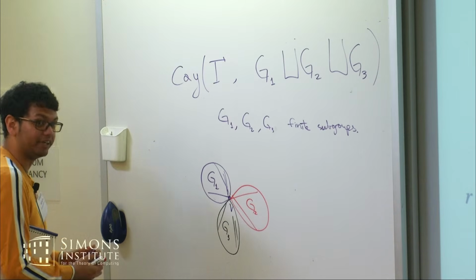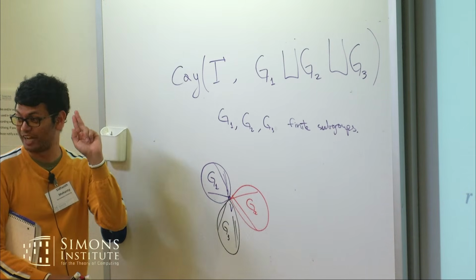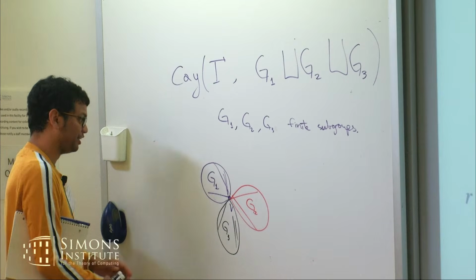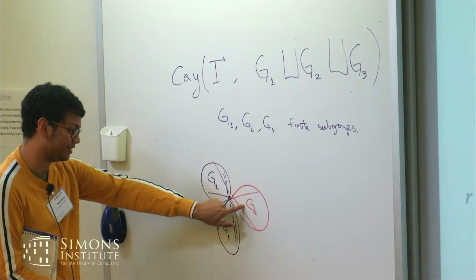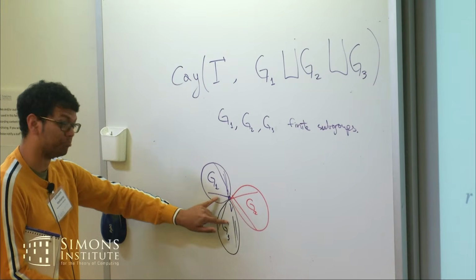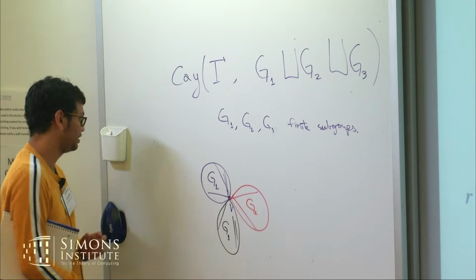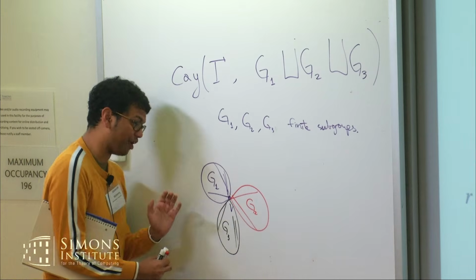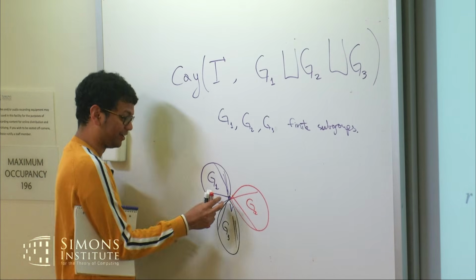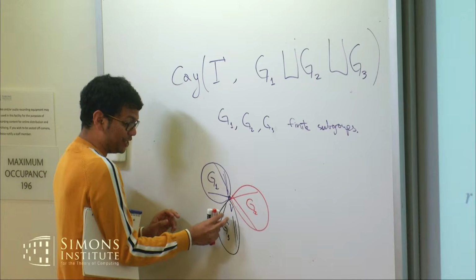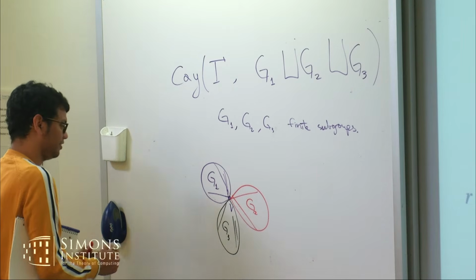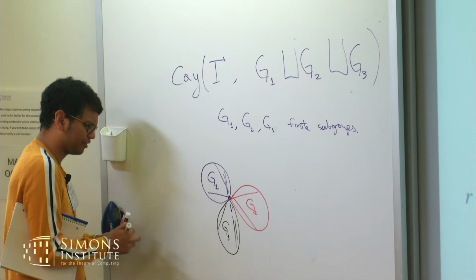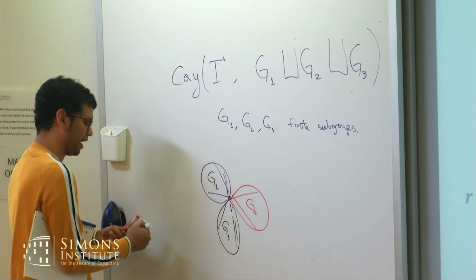Okay, so now I'm going to define 3 types of links. There's going to be the purple-red link, the red-black link, and the black-purple link. But okay, it's not what it seems like. It's not going to be the union of the black set and the purple set. So maybe let's focus on the purple-black case.